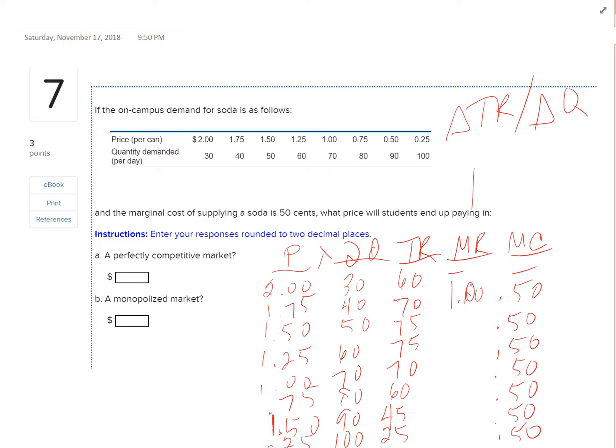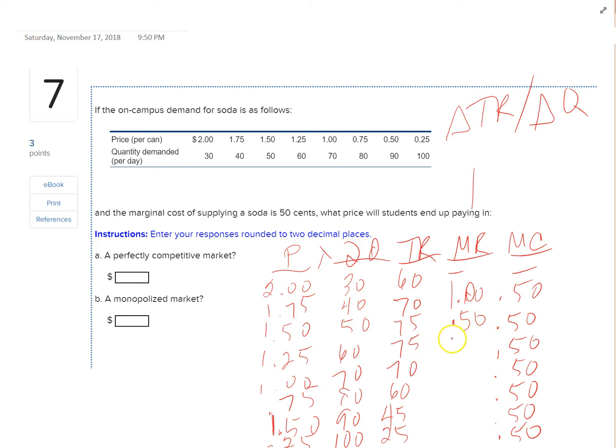The next one, the change in total revenue is 5 divided by a change in quantity of 10. So we're going to get 50 cents. Then we're going to get the next one.